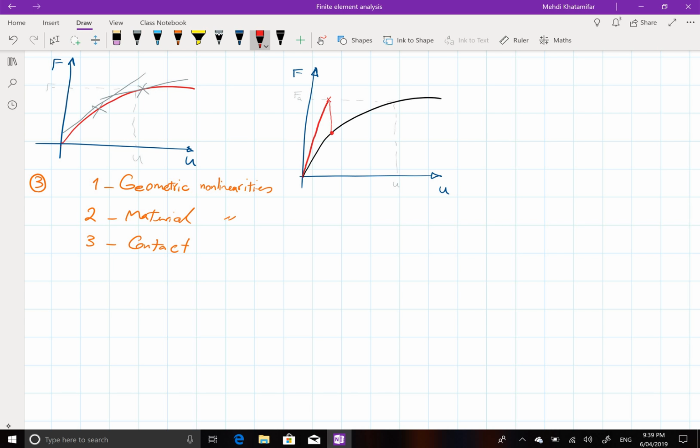So from this point to this point, it is going to be one load cycle. Then again ANSYS is going to say, okay, another line again to the failure point, then come back. Second cycle, another line, come back. Third one, fourth one, now it is converged.